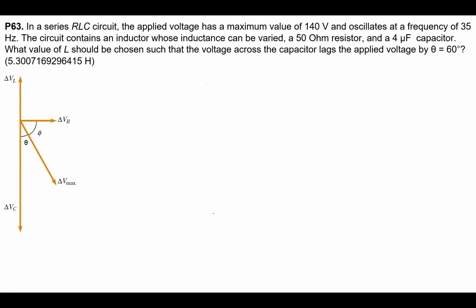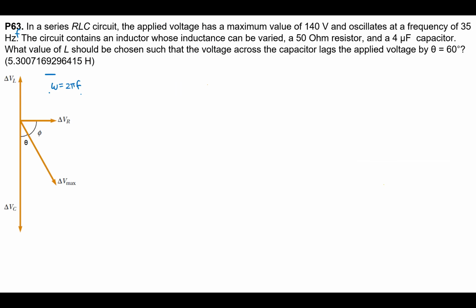In a series RLC circuit, now we have an RLC circuit. The applied voltage has a maximum value of 140 volts and oscillates at a frequency of 35 hertz. Note that this is not omega, this is f, and from f, omega is given by 2 pi f.